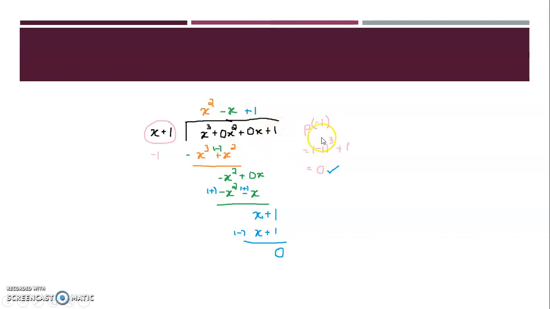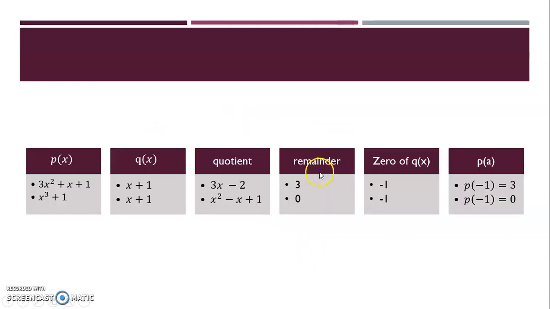What is minus 1 cube? Minus 1 plus 1, which is 0, which is the same as the remainder. So when we divided x cube plus 1 by x plus 1, the quotient was x square minus x plus 1. The remainder was 0. The 0 of q of x, or the 0 of the divisor, when we substitute that 0 inside the dividend, we get the same value as the remainder.